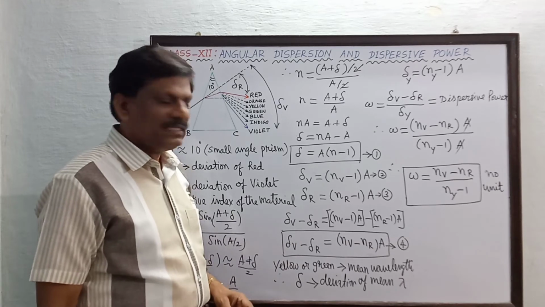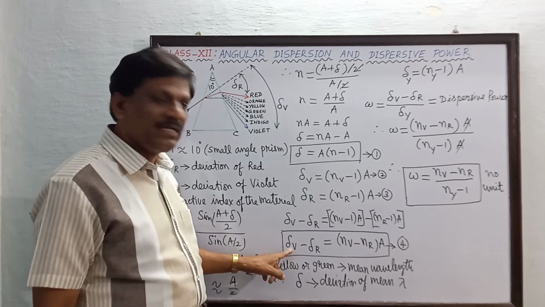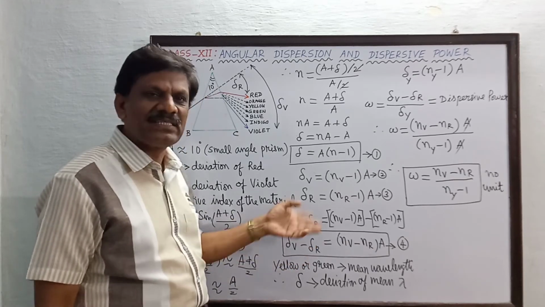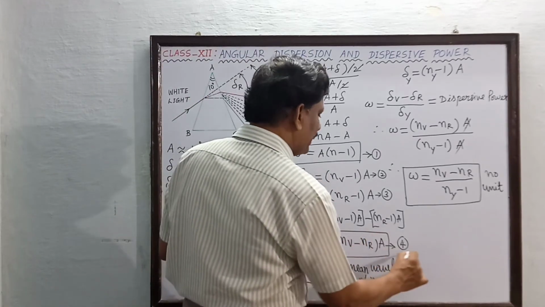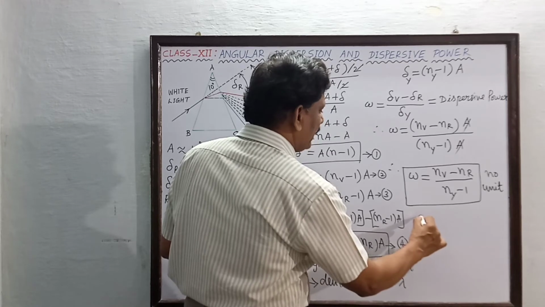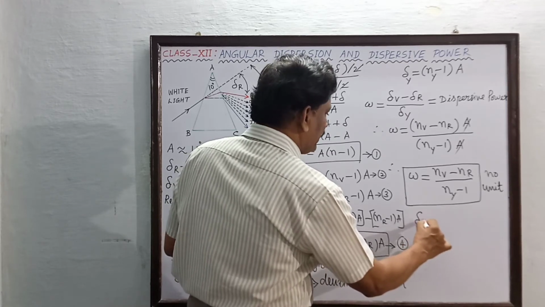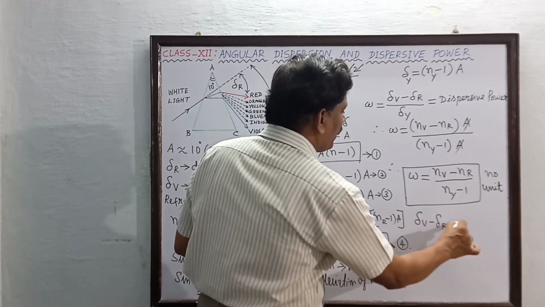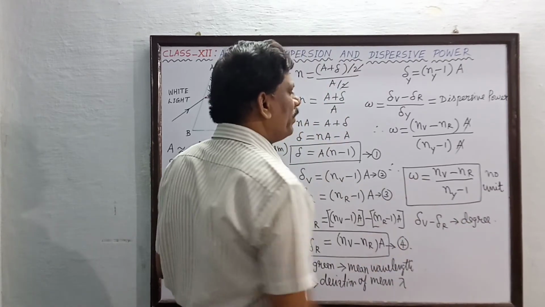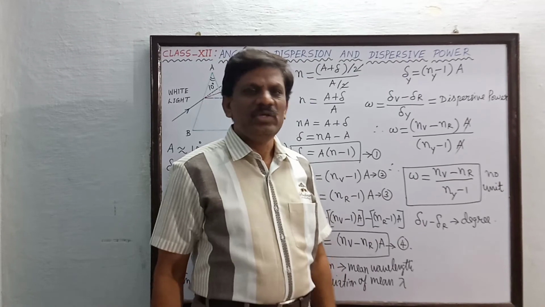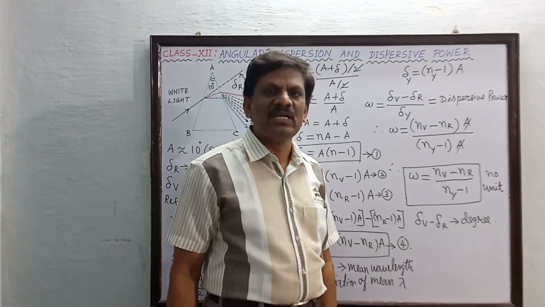You check. Angular dispersion is deviation for violet minus deviation for red. It is some angle. So, this can be expressed in degree. Delta V minus delta R can be expressed in degree or radian. Whereas omega is not having any unit. It does not have any dimension also.